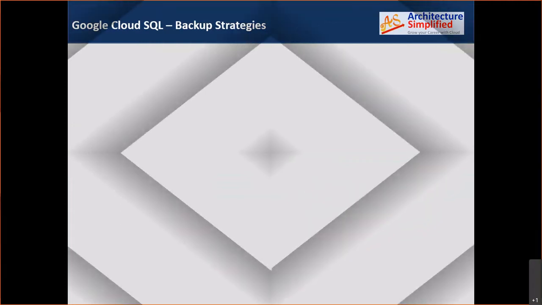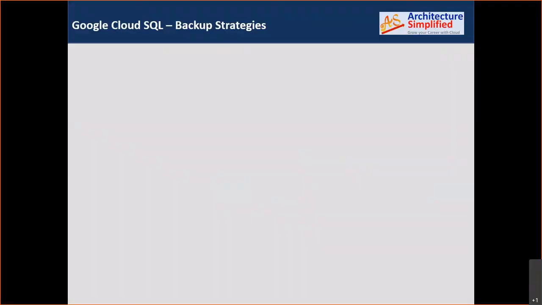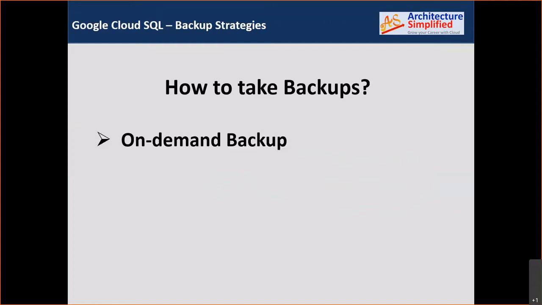Now the next question is how to take the backup of your Cloud SQL instances. There are two ways to take the backup. First is on-demand backup. You can take a backup of your data whenever you want. But this is a manual activity and you need to spend time to do this activity.